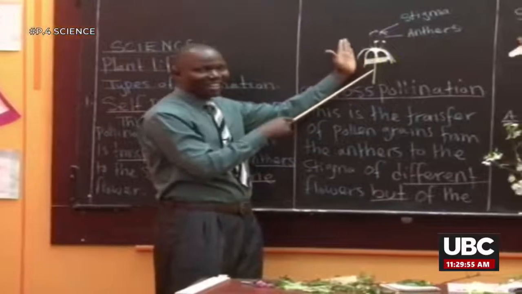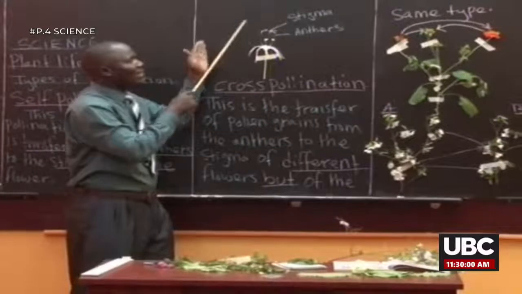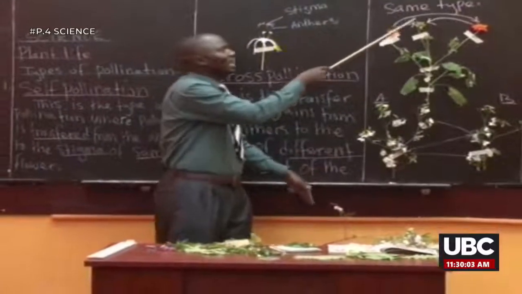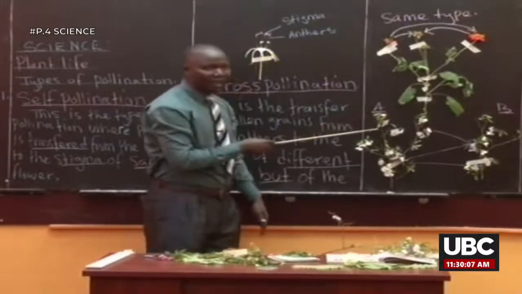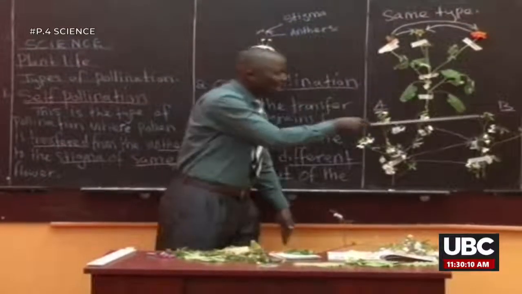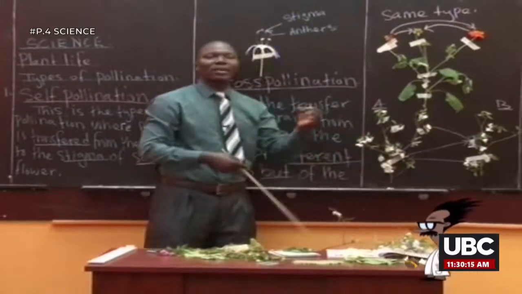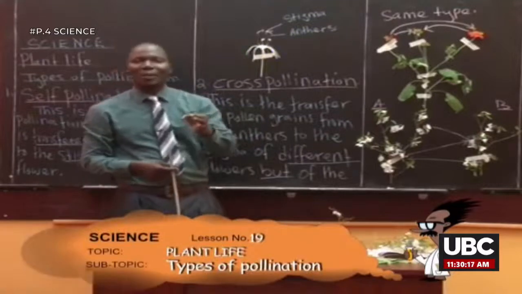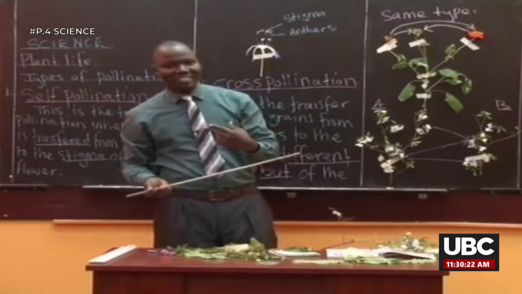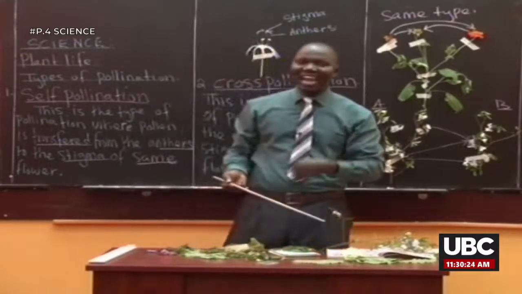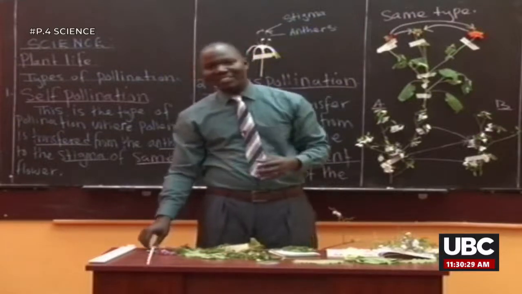Should the pollen move from one flower of a different plant to another flower of the same kind of plant, we call that cross-pollination. I do hope you know the two types of pollination, cross-pollination and self-pollination.